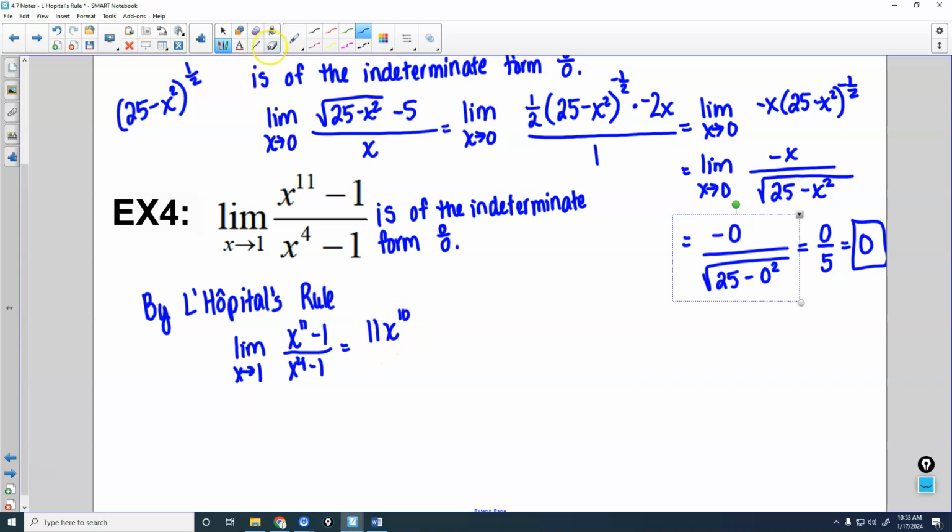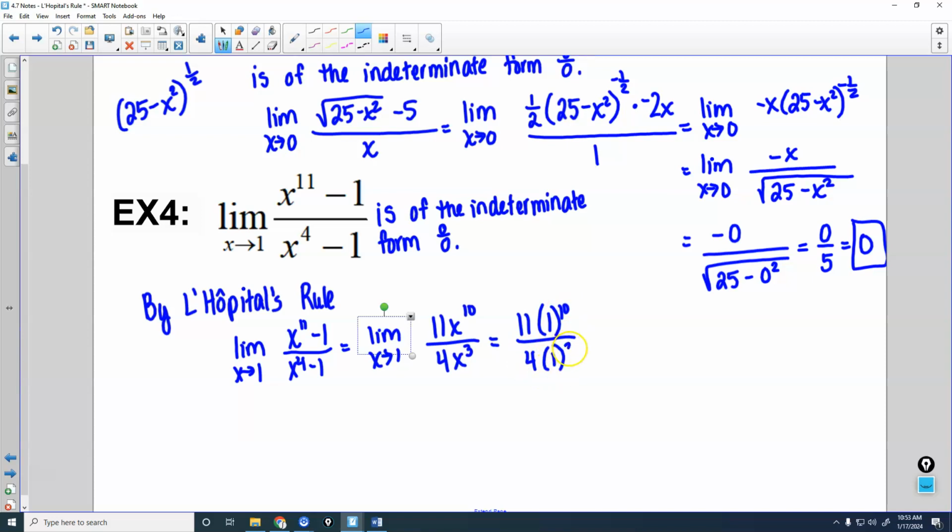Oh, wait. Ooh, this is bad. What am I doing wrong? Limit notation. I got to keep it. If this is a free response question, don't lose your limit notation. Limit as x approaches 1 of 11x to the 10th power over 4x to the 3rd power. And if you plug in 1, you will get 11/4 for that.